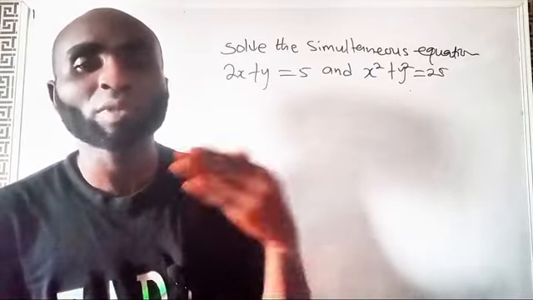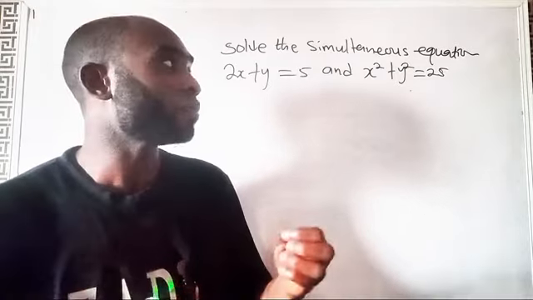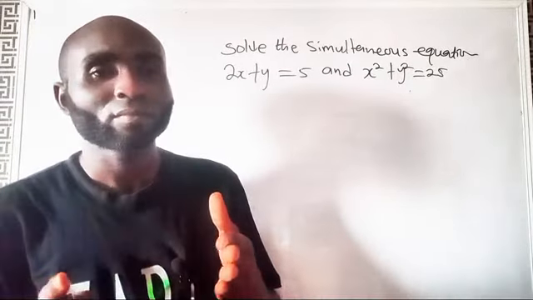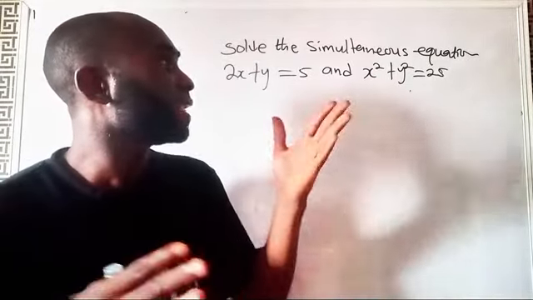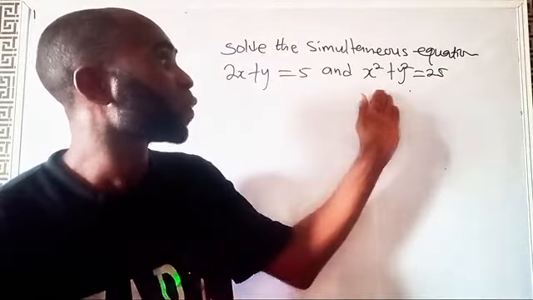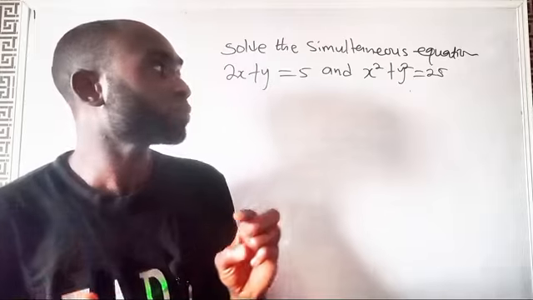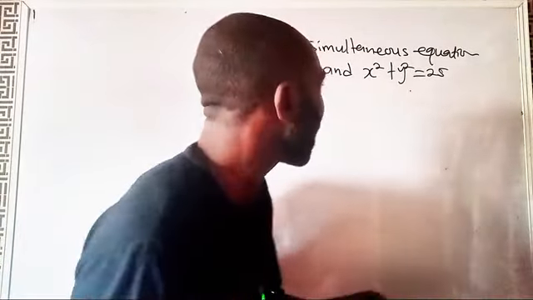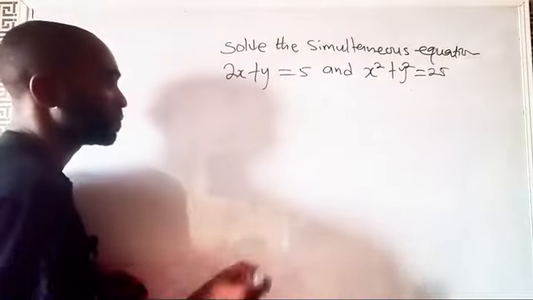Then you should be able to find the value of y and x, because this is one linear and one quadratic equation. So here, let's kick back to the question so I will explain better.